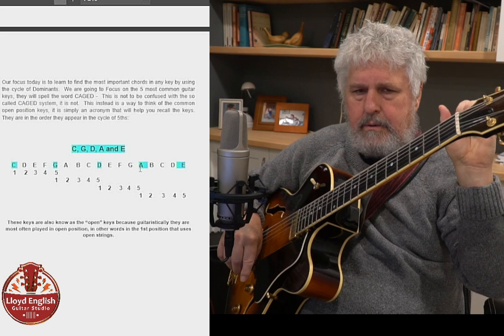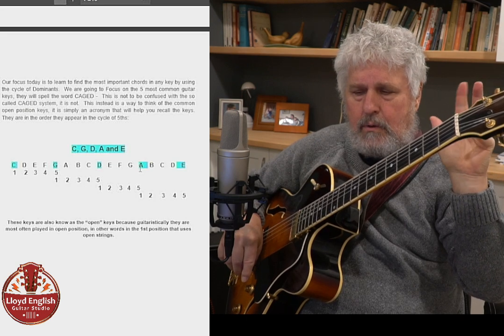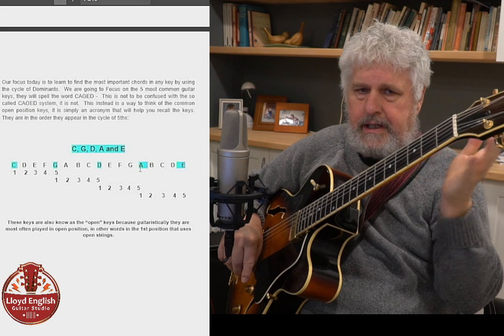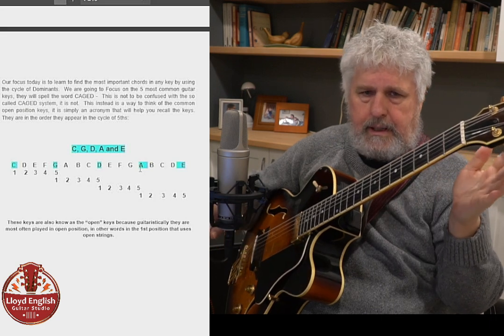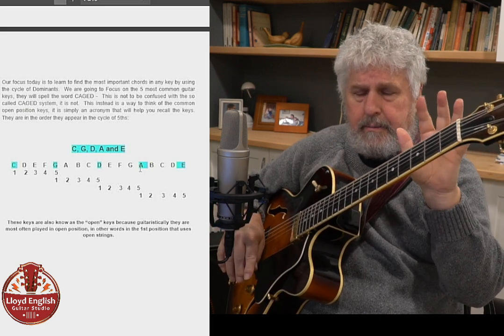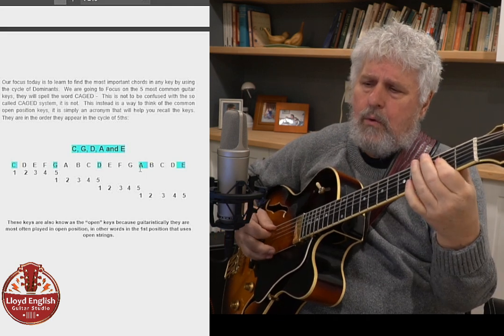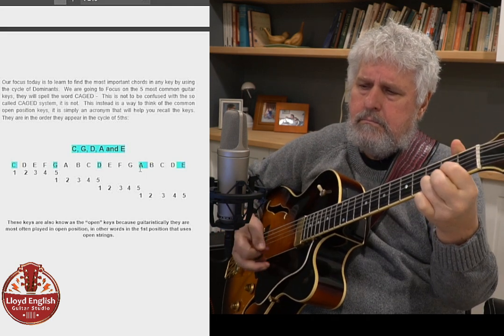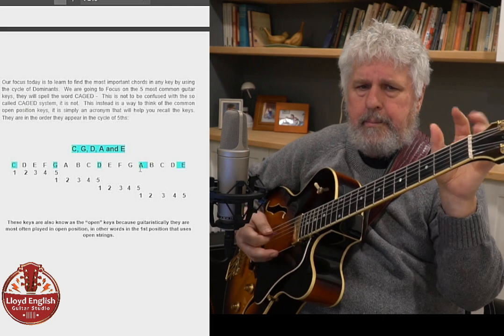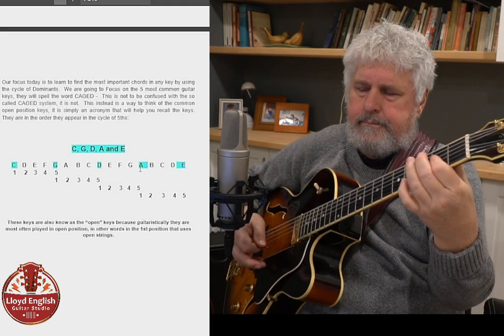A is our root. A, B, C, D. 1, 2, 3, 4. Always just the same letter names. A, no sharps, no flats, nothing weird. A, B, C, D. So A chord. A, B, C, D, E.